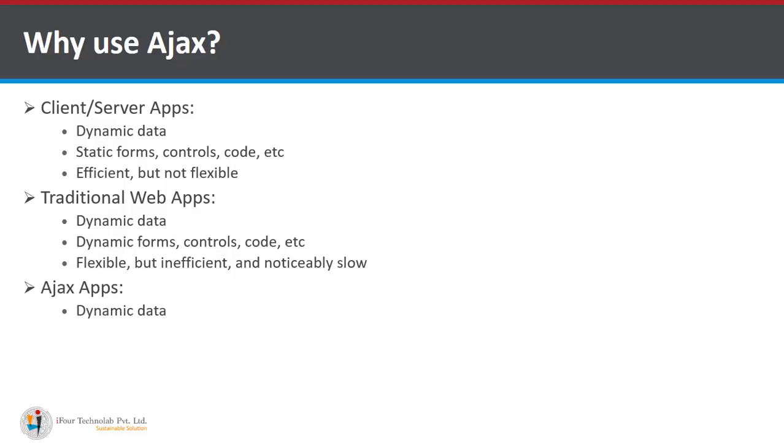AJAX app: dynamic data, static or dynamic forms, control, code, etc. Best of both worlds. Here you can see the differences between client server apps, traditional web apps, and AJAX apps.